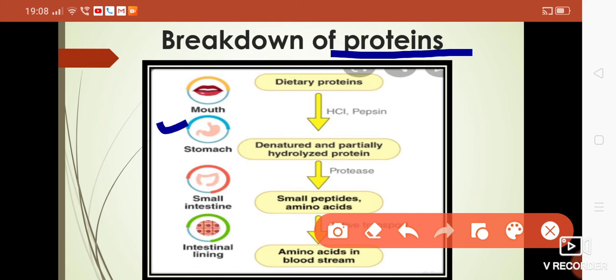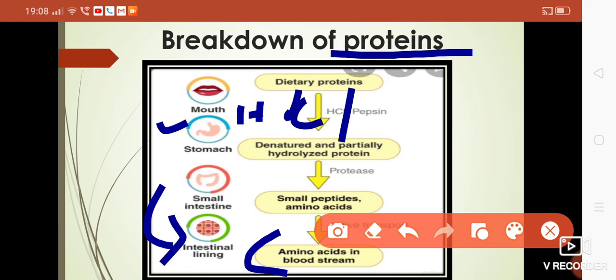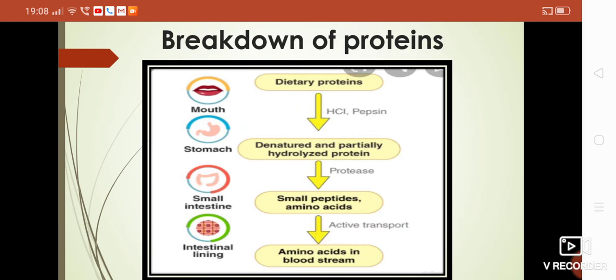In the stomach, there is an acid called HCl or hydrochloric acid. HCl and enzymes mix with the food and make smaller chains of amino acids. After that, it will reach the small intestine.